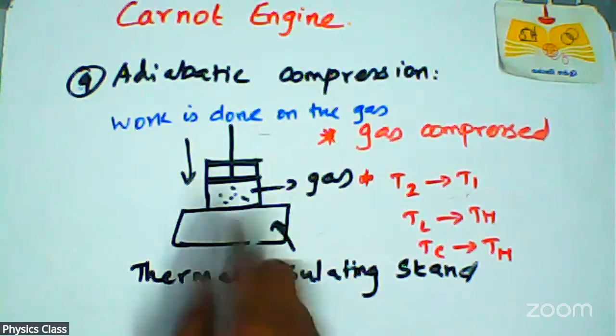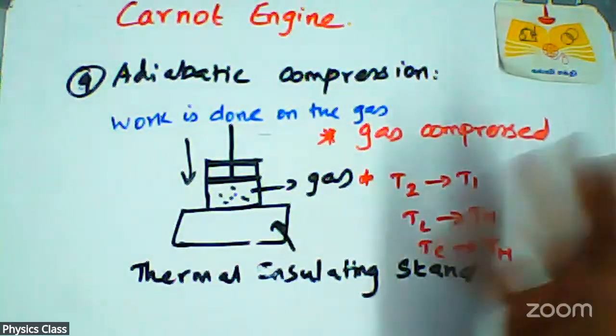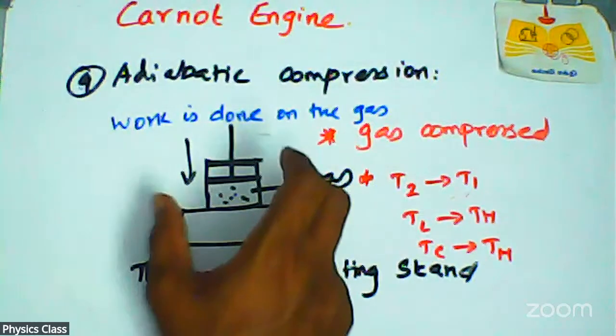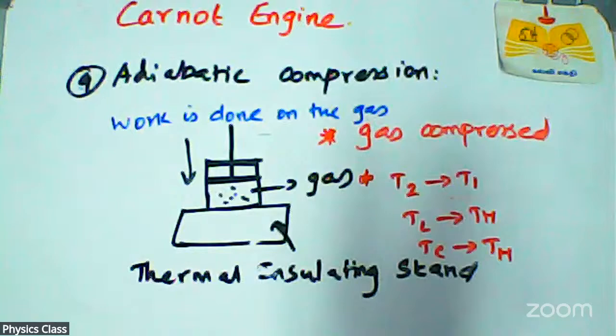Now the engine is back in the starting state, ready to repeat the cycle. Again, isothermal expansion, adiabatic expansion, isothermal compression, adiabatic compression, and then the fourth process. For the first process, take this gas cylinder and put it on the surface of a source, that is the hot reservoir.